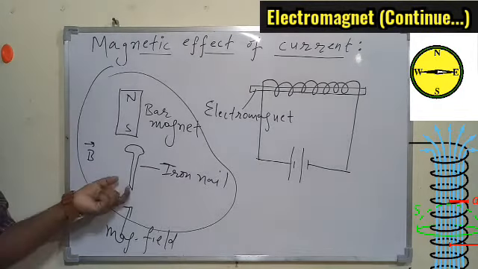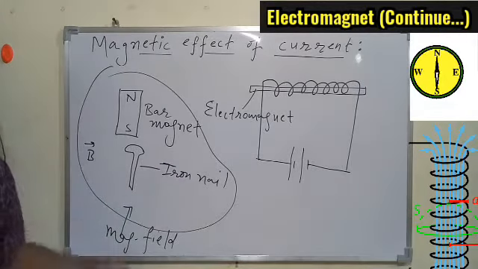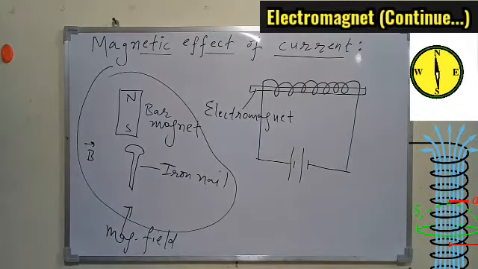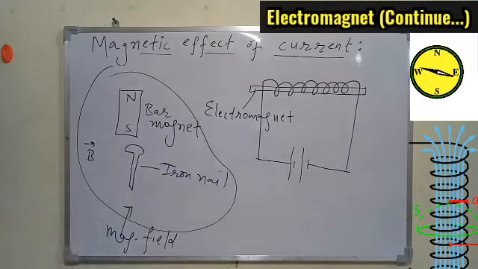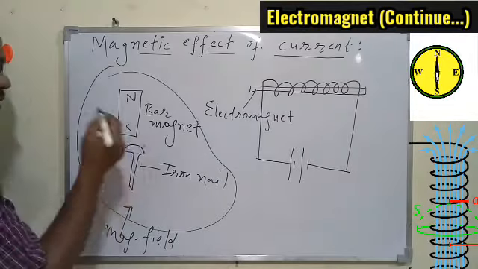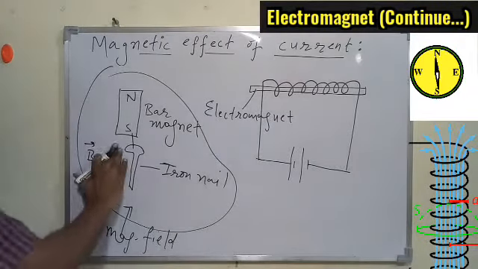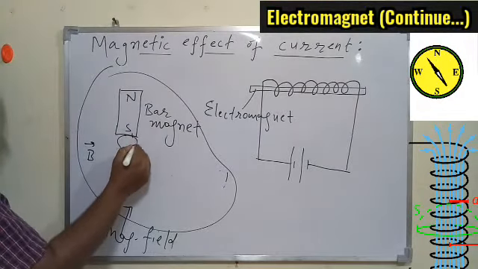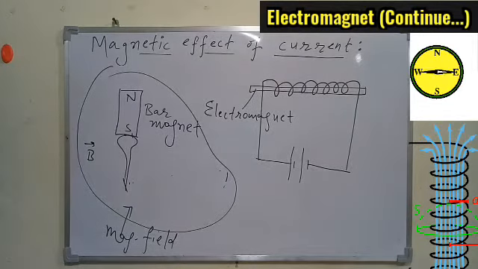So in general, if any magnetic material is placed within some external magnetic field, then that material gets magnetized. So once the iron nail is placed within the magnetic field of the bar magnet, it also becomes a magnet, and once it gets converted into a magnet, it will get attracted by the bar magnet. So finally this iron nail is attracted by the bar magnet.